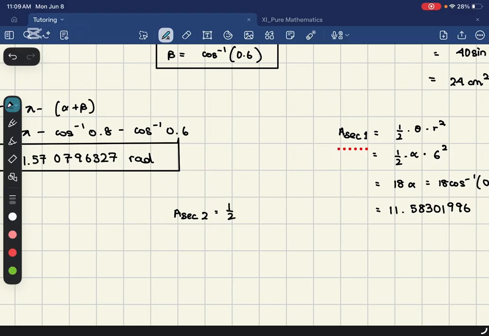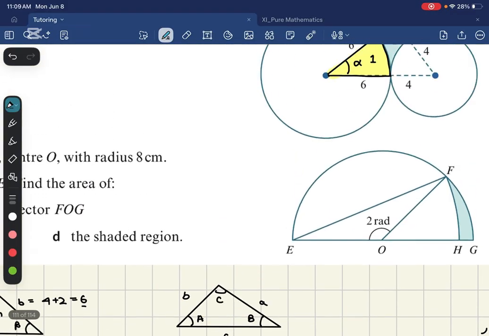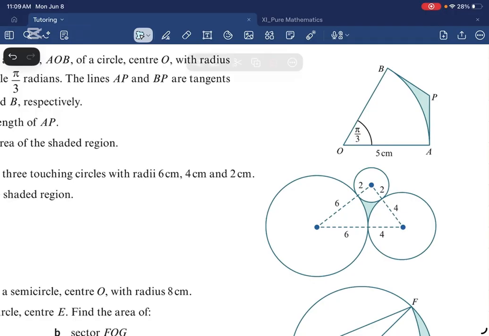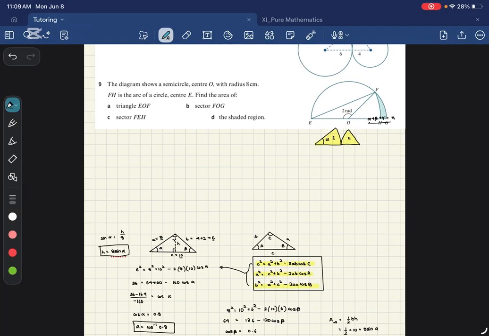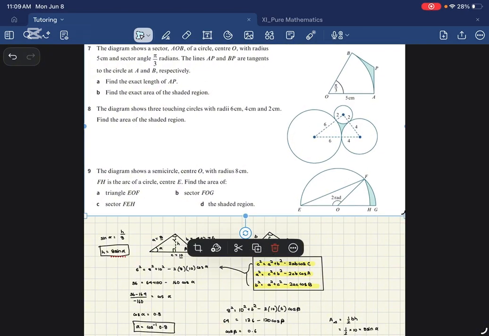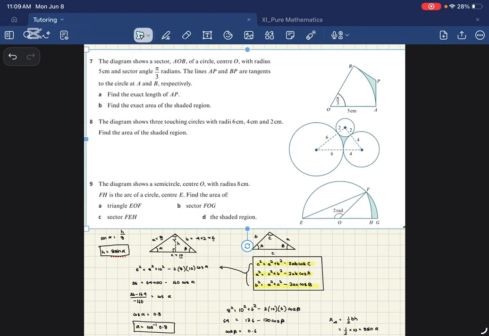So that is going to be half theta r squared. So we'll call this region sector 2. All right. So it's going to be half. The radius is going to be 4 if you think about it closely. Okay, sorry. It was something like this. Okay, something like this.